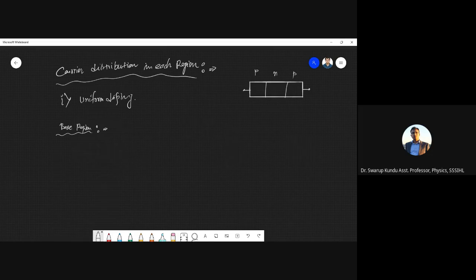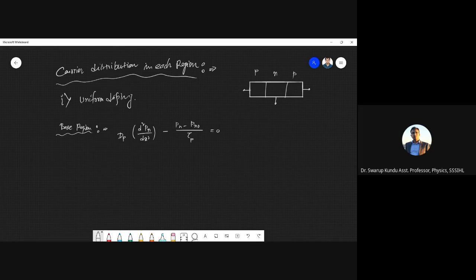If you write down the continuity equation for holes, how can we write it? If you remember, the continuity equation is D_p d²p_n/dx² minus (p_n minus p_no)/tau_p equals 0.